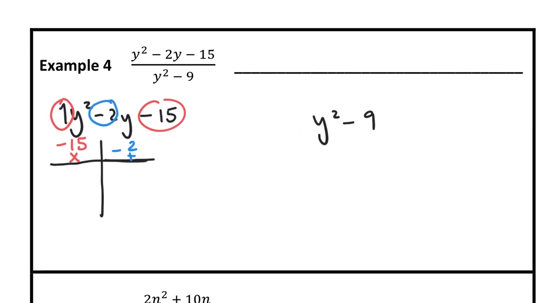I can do 2 times 5. No, sorry, 3 times 5. But it can be negative 5 times 3 is negative 15. Right, that's a check mark here. And then what's negative 5 plus 3? That's negative 2. So I get a check mark here.